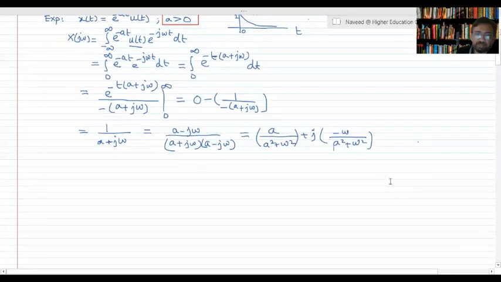And we can have an alternate form as well, where we have the magnitude of the Fourier transform, magnitude of X(j omega).